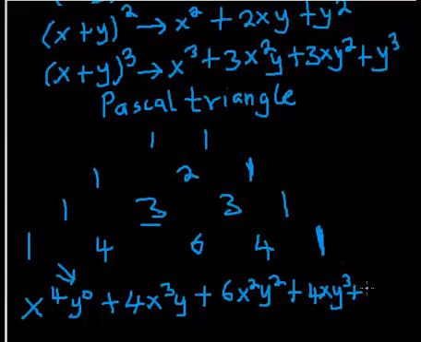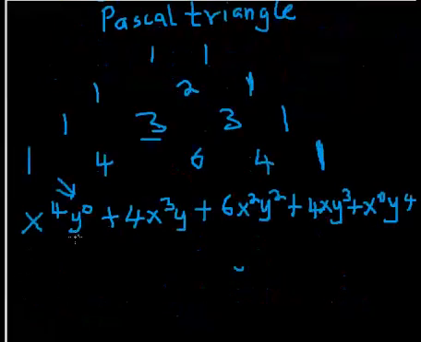And of course at that point, x has reduced now to 0, while y now increases to 4. Now you know that any number or any expression raised to the power of 0 is always 1. So this should be 1 times x raised to the power 4.